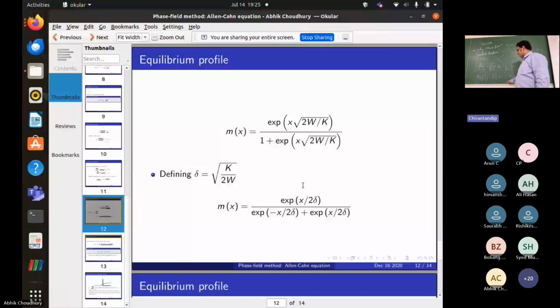Here just the sign will be different, that's all. The only difference is this is k by 2w; I'm just writing it as root of k by 2w. Just use this delta to transform this.